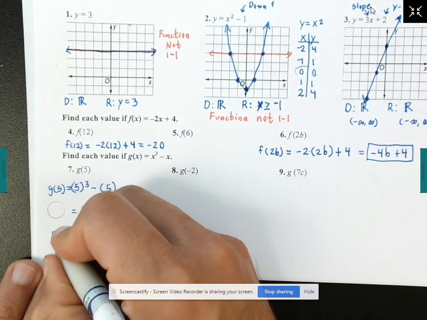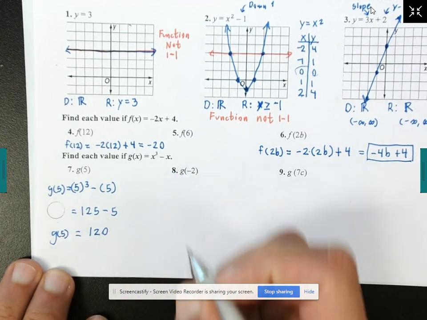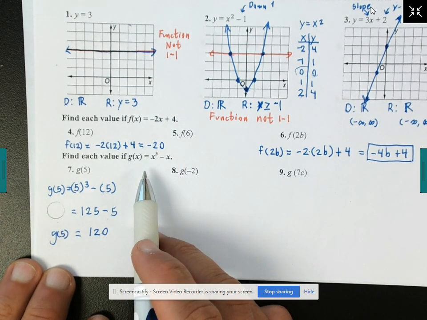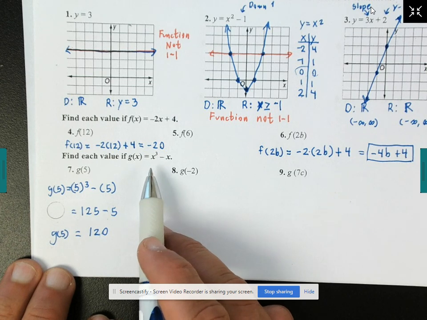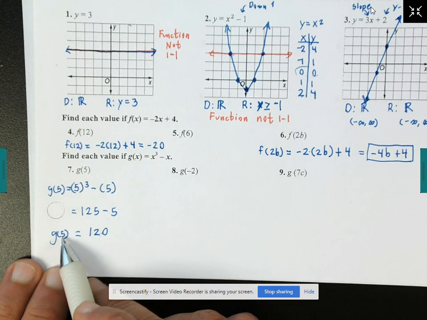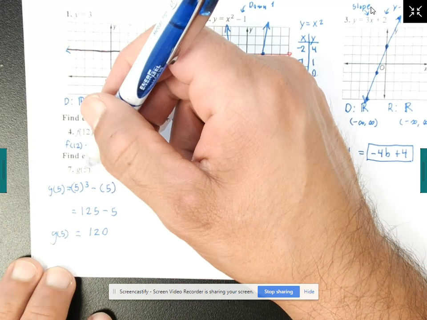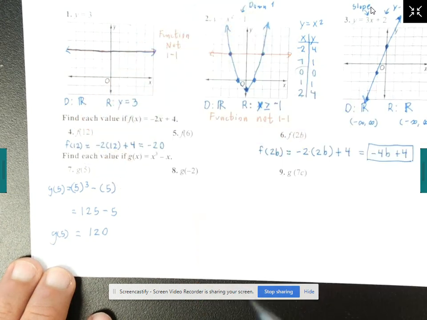So g of 5 is equal to 120. And don't forget, what that really means is that there is a point on this graph where the x value is 5 and the y value is 120. Don't forget about those connections. Again, that literally means: what is the y coordinate when x is equal to 5?